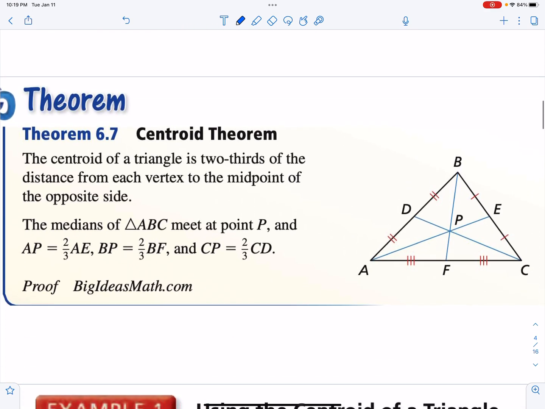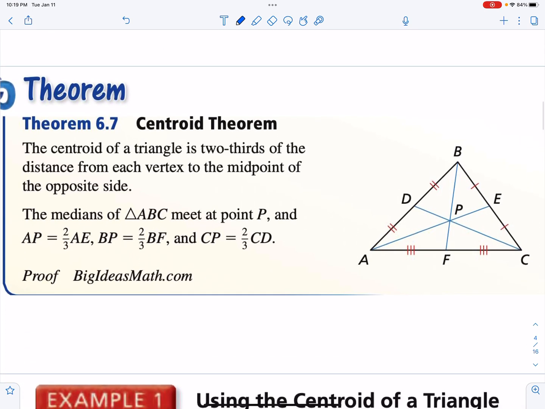Now, the centroid looks a little bit different than the others in that it's not an equal relationship from the point of concurrency back to a side or a vertex, like the circumcenter and the incenter that we learned in the previous lesson. This one has a 2/3 relationship. Around the whole exterior of the triangle, those are each midpoints.